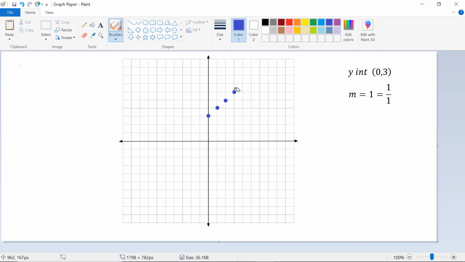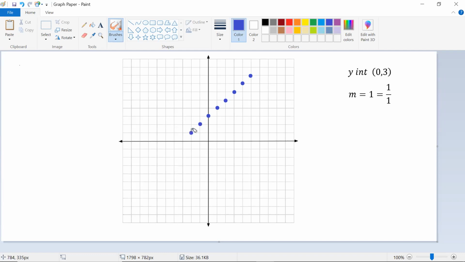And I can do that as often as I would care to. And if we wanted to think of this as negative 1 over negative 1, we could also move to the left. That would be down 1 and to the left 1, down 1 and to the left 1.